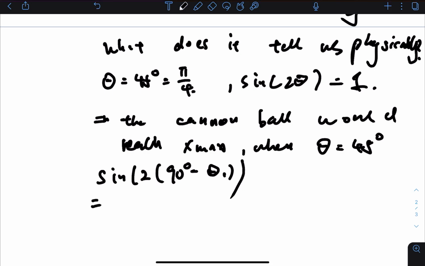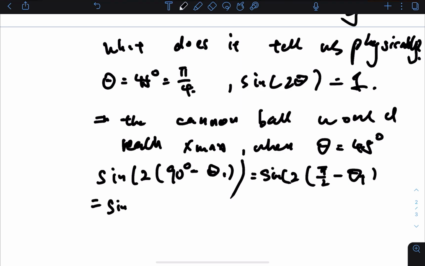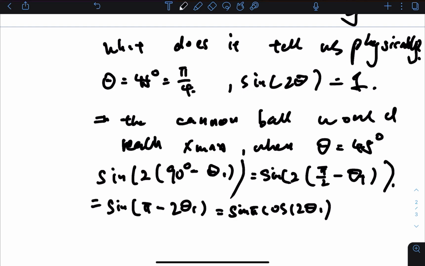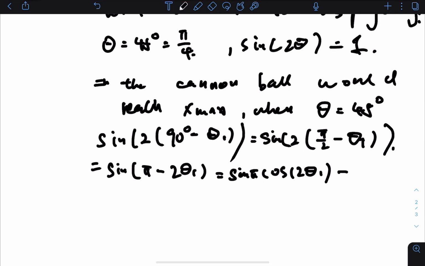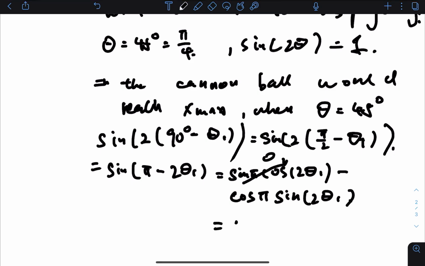This equals sine of 2 times (pi over 2 minus theta 1), which equals sine of (pi minus 2 theta 1). This is sine pi cosine 2 theta 1 minus cosine pi sine 2 theta 1. We know sine pi is equal to 0 and cosine pi is equal to minus 1. So this just gives us sine 2 theta 1.